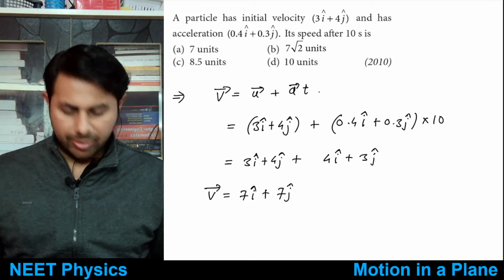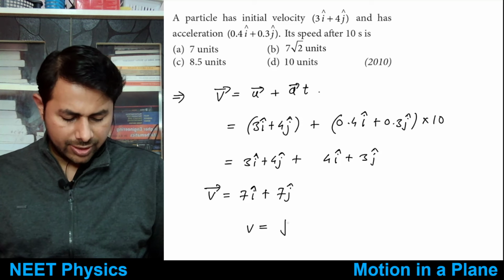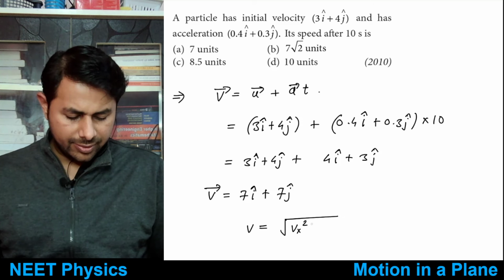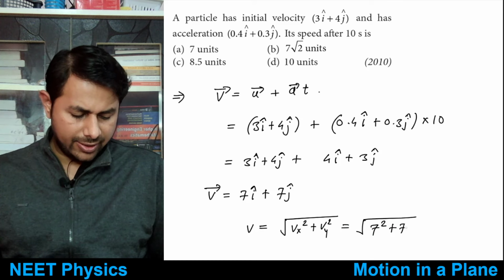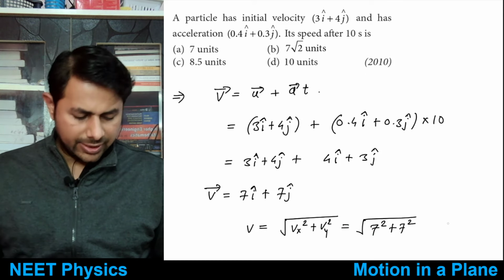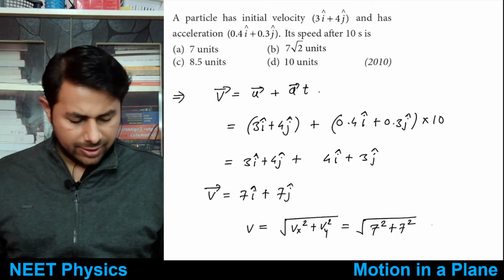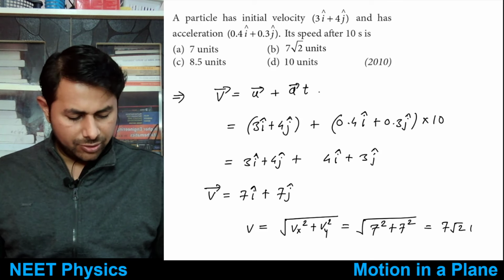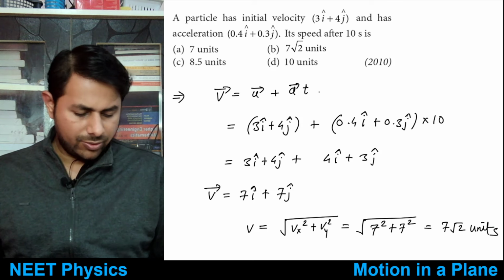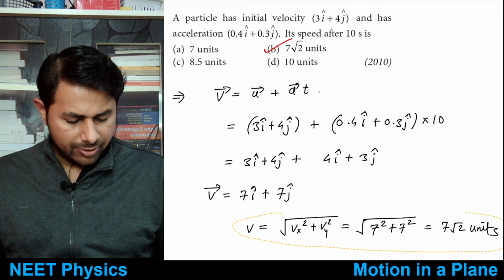But they are not asking about the velocity, they are asking about the speed. So v is just equal to the square root of vx square plus vy square, that is the speed. That is 7 square plus 7 square, which is 2 times 7 square. So you can take 7 outside, so it's 7 root 2. Unit they have not given, so that means 7 root 2 units. That's the answer. This is a very, very simple question.